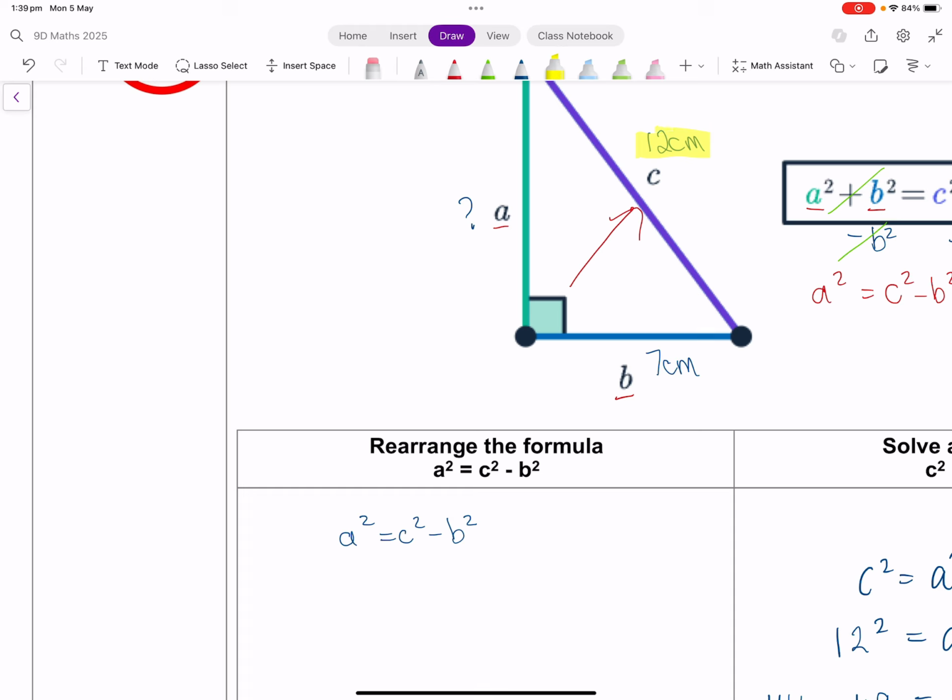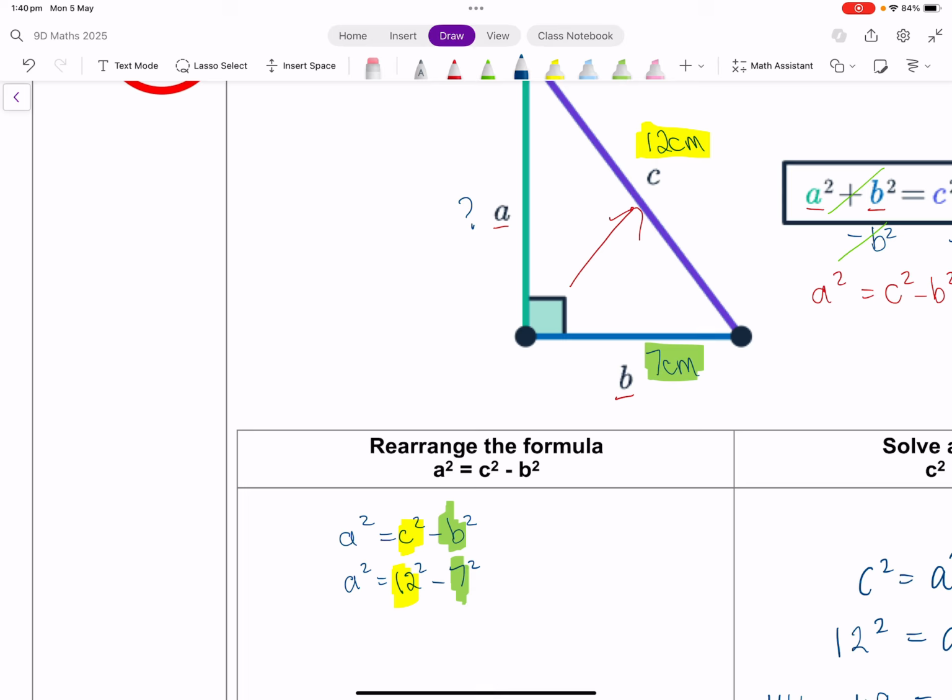We know the longest side, or our c, is 12 centimeters, and we know that our short side that's given to us, or our b, is 7 centimeters. So we know that a squared is equal to 12 squared, take away b squared, which is 7 squared. Okay, so just to be clear, that's where we're getting this information.